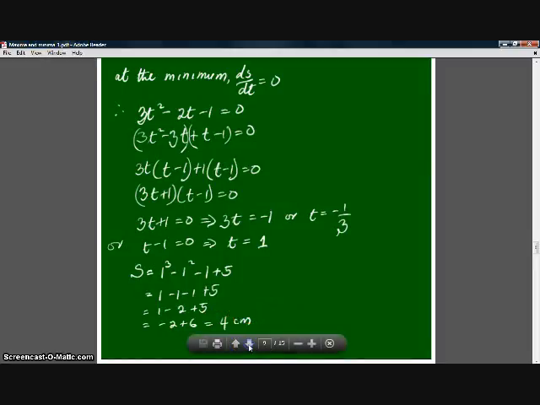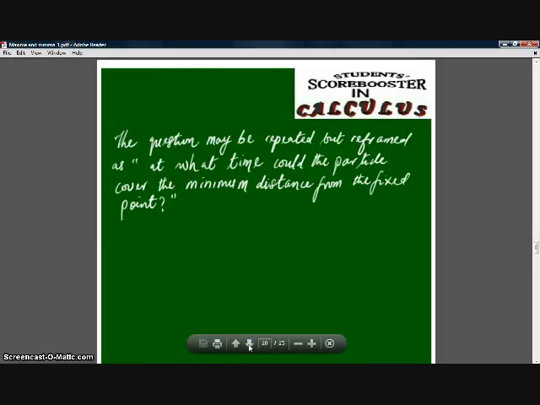So let's look at another example. Before I go to that example, I want to tell you that it's possible that this example 3 can be repeated, and in that case it might be reframed in such a way that they can just ask you, at what time could the particle cover the minimum distance from the fixed point?